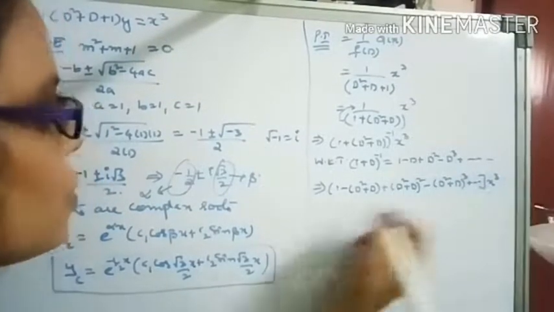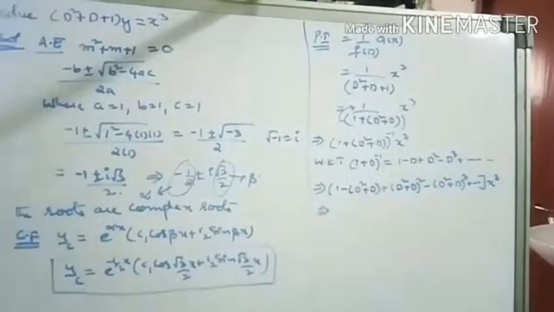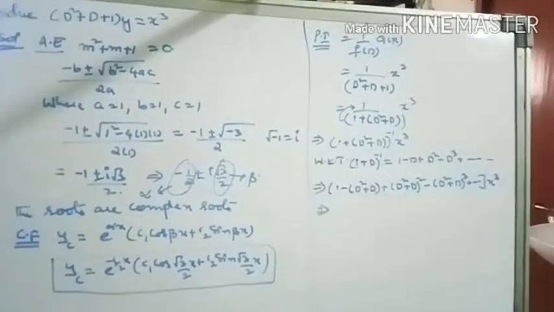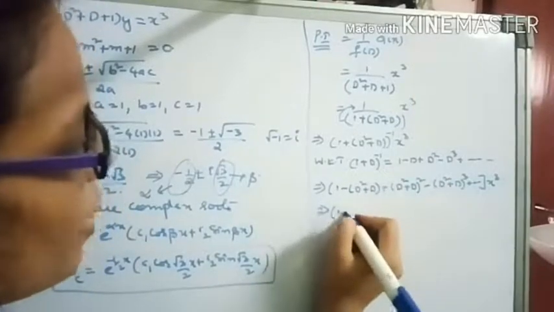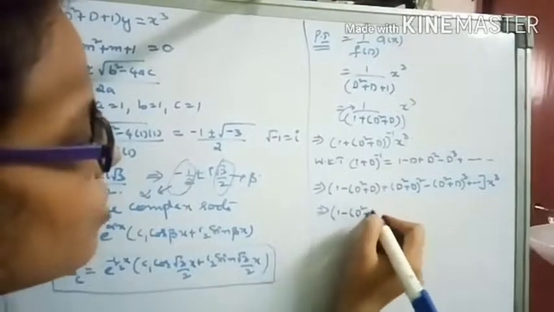Why have I stopped it there at cube only? Because the power of x is 3. Based on that, we are going to write the binomial expansion terms.